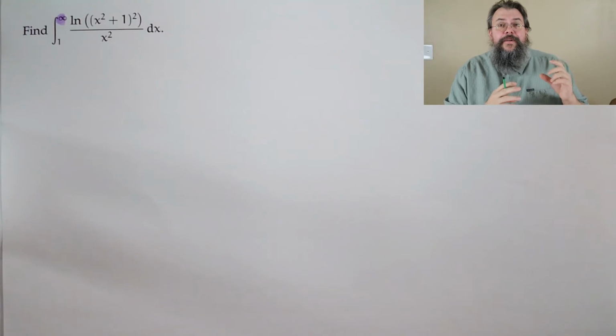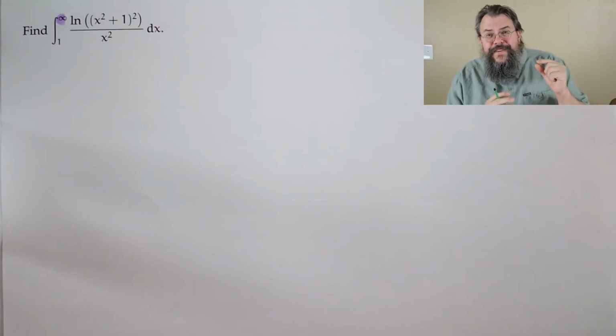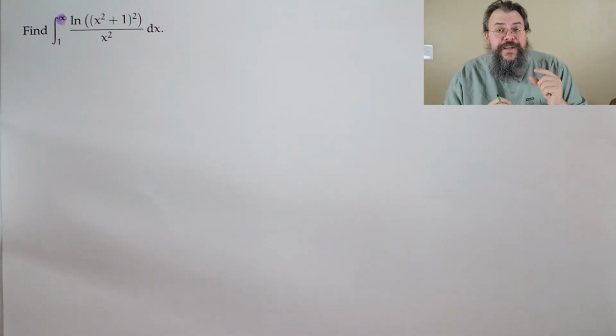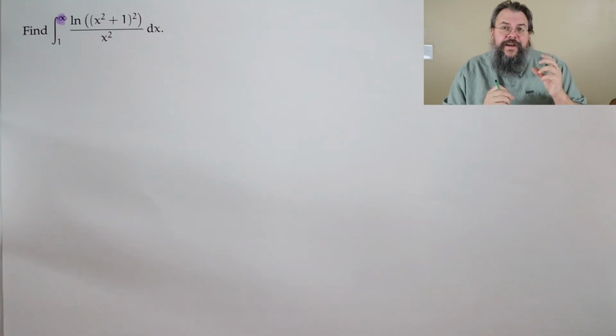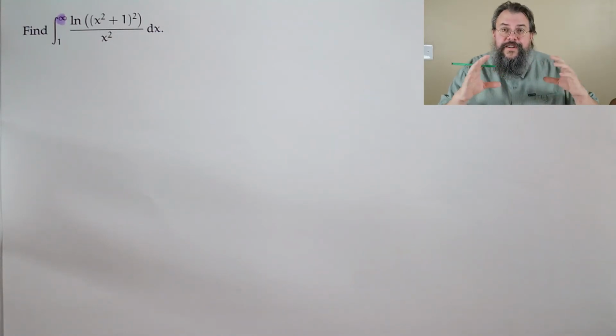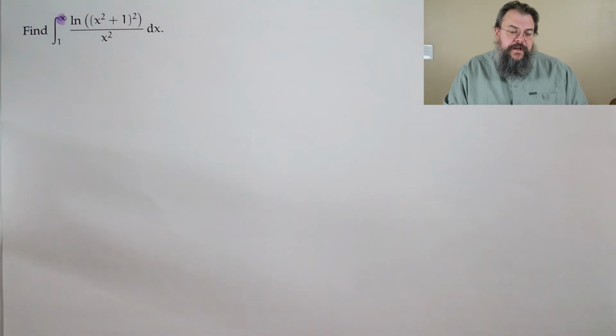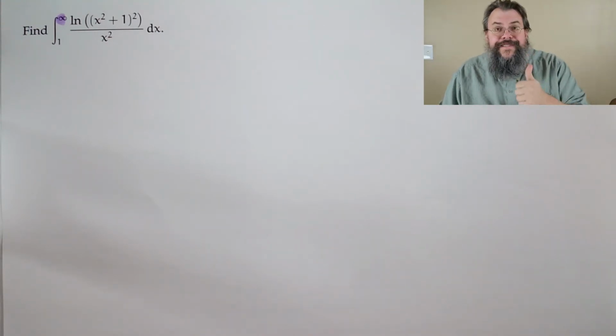The key thing to remember is log x grows very, very slowly. So with log x over x squared, essentially the x squared is going to dominate. And we know the integral of 1 over x squared is finite. So the moral is yes.